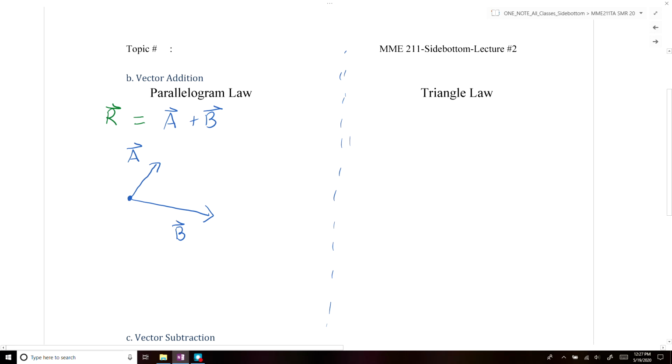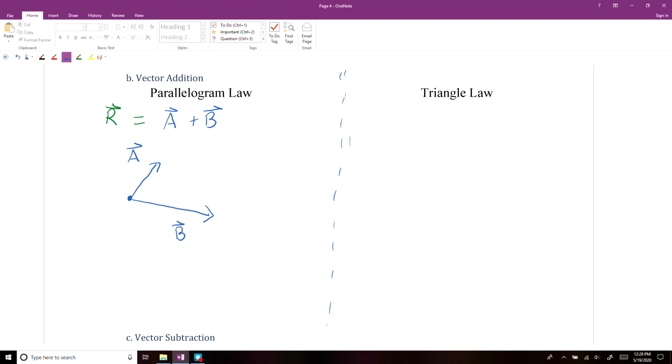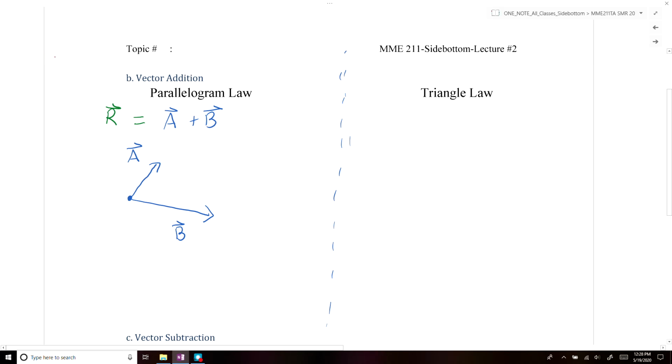The second thing you will then do is draw a line from the tip of vector A that is parallel with vector B.